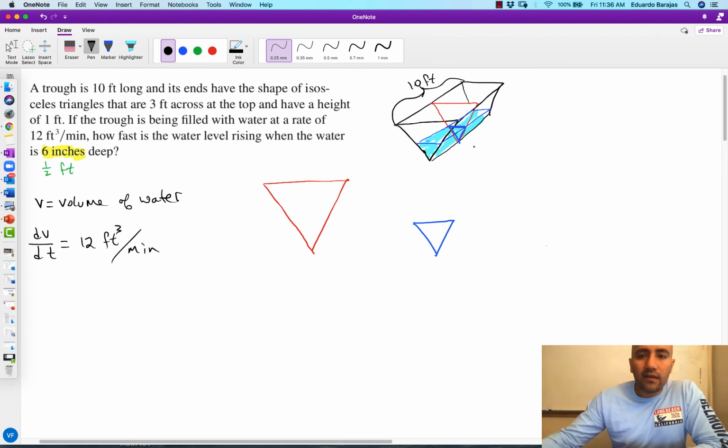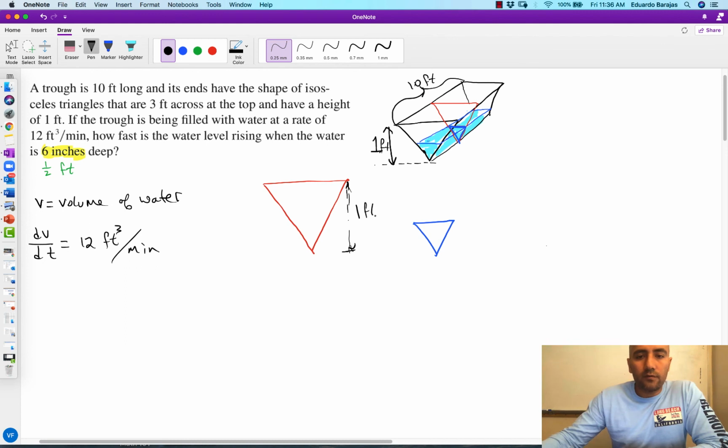And we know the height of it is going to be 1 foot tall. So this height right here, from here to the floor, is also going to stay constant.